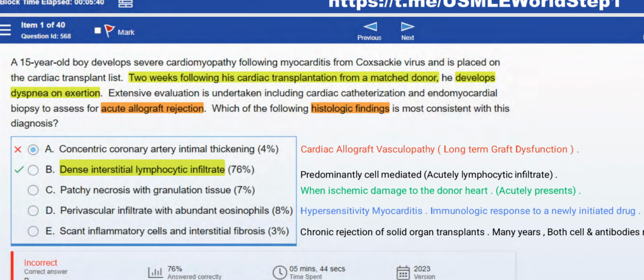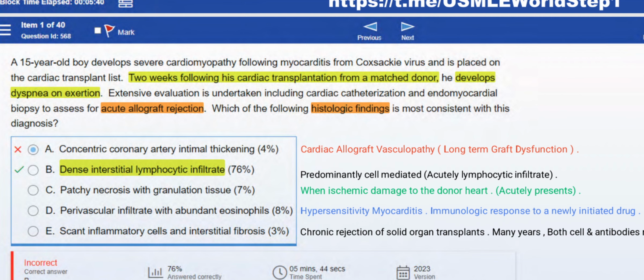Since this patient presented 2 weeks following his cardiac transplantation from a matched donor and develops dyspnea on exertion, this is acute allograft rejection, right? Which presents in less than 6 months, right? Acute transplant rejection is associated with cell-mediated immunity, particularly T cells, right?